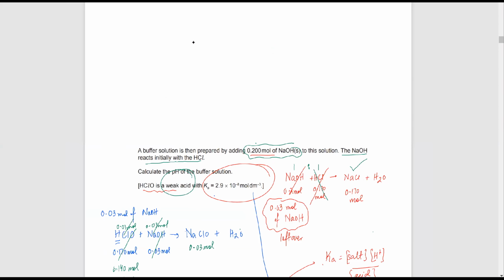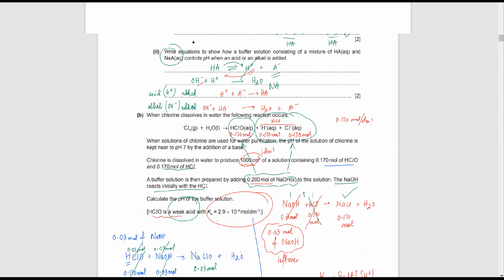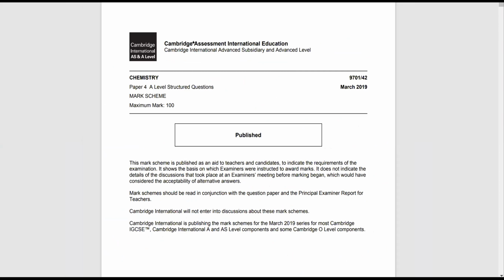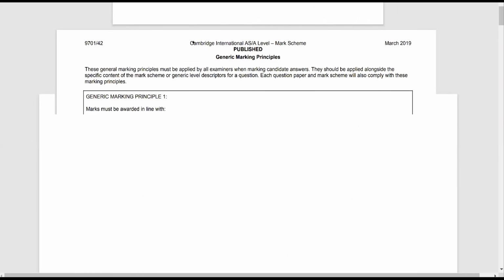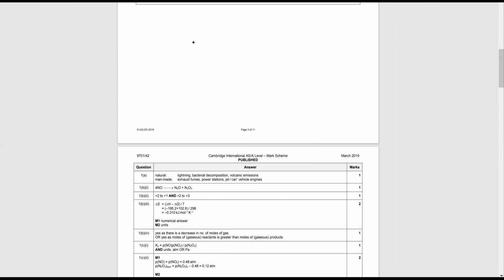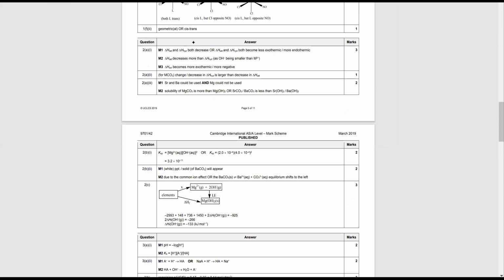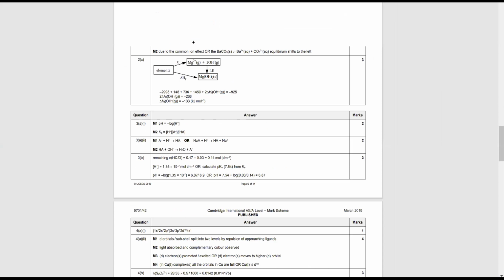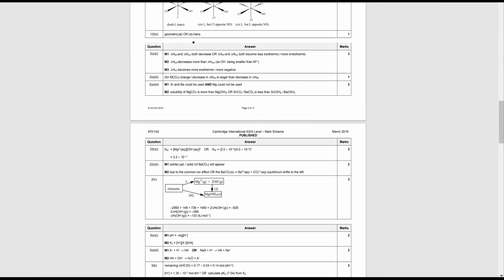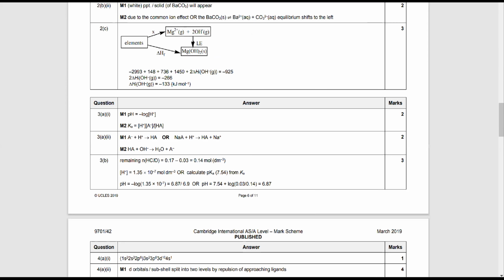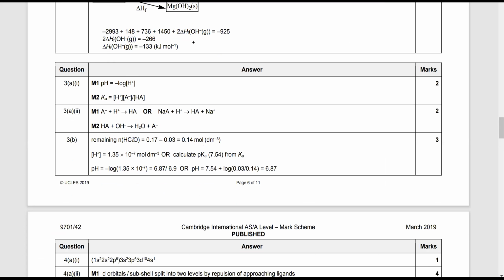This is question number 3. So they had to do the whole calculation. Everything has to be done. It's coming out to be 6.9 as the answer.